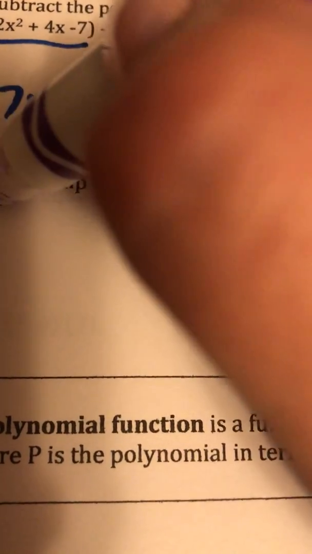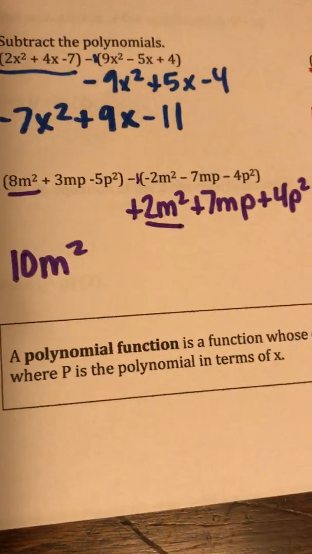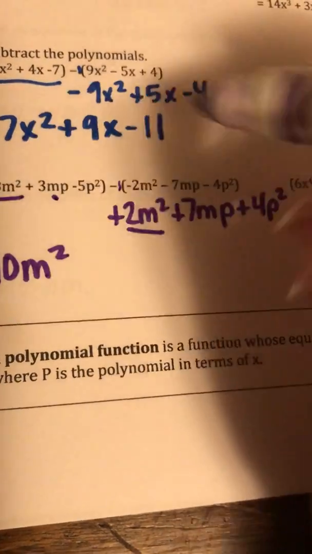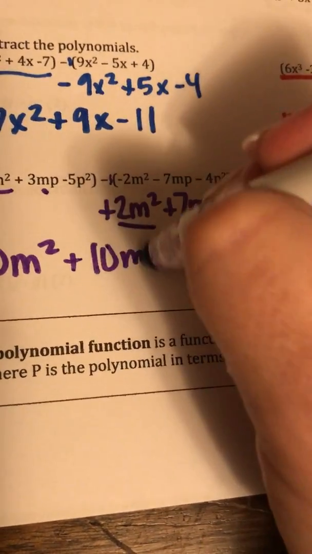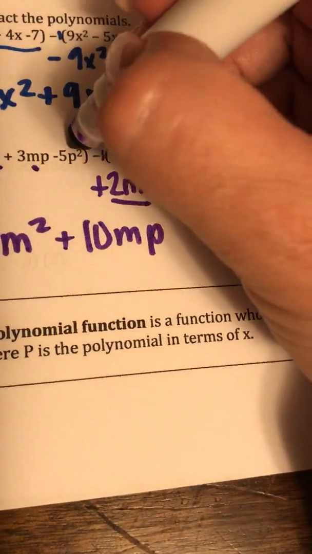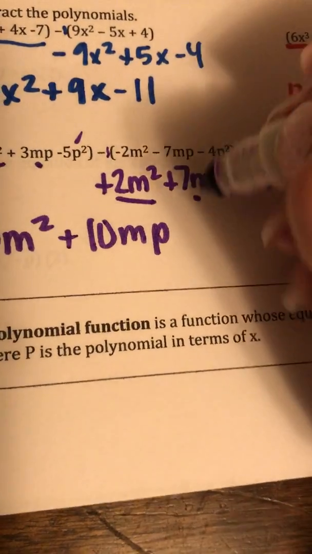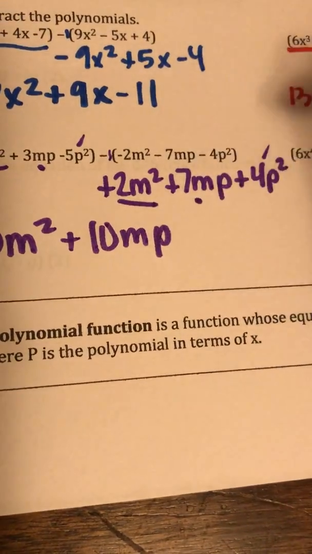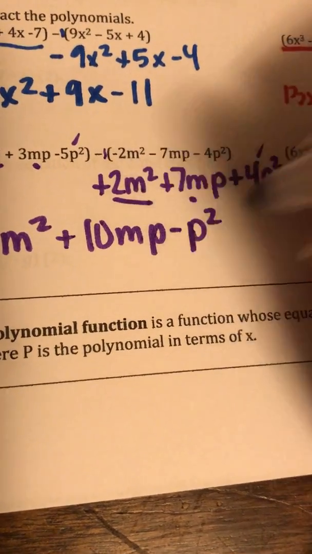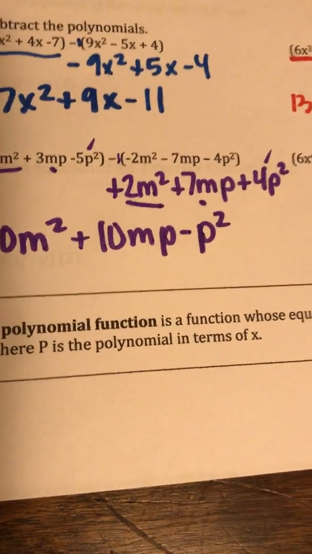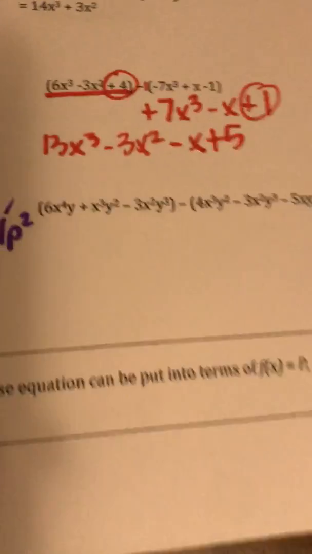So m squared, so 10m squared. We have mp plus 10mp, and p squared: minus 5 plus 4 would be minus p squared.